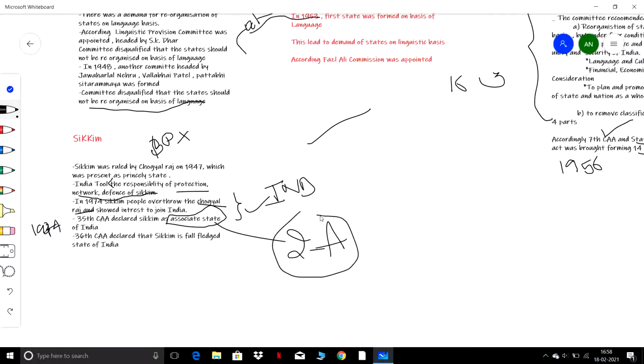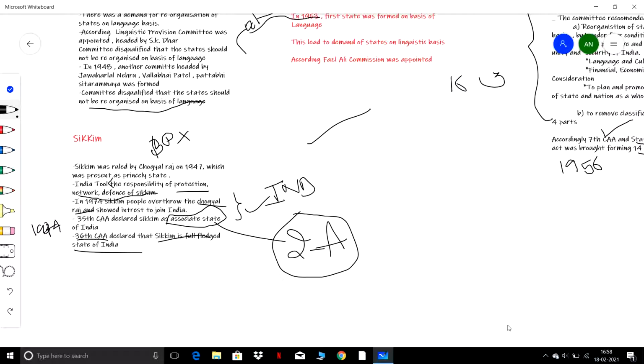But since there was no concept of an associate state in the Indian Union, in 1975 the 36th Constitution Amendment was enacted and Sikkim was declared a full-fledged state of India. It became an integral part of the Indian Union.